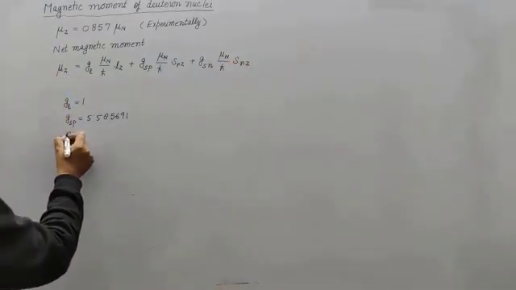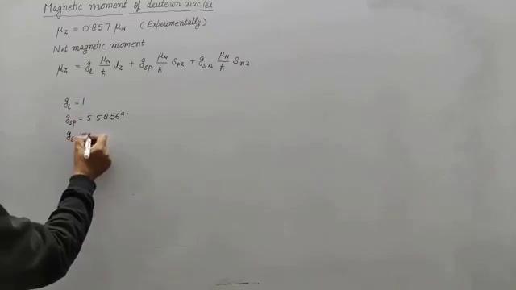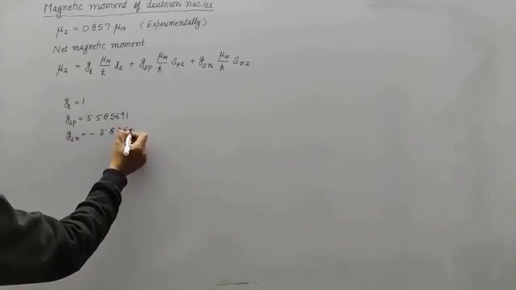Here the gyromagnetic ratio due to the spin of the neutron is equal to minus 3.826084. These are the values.